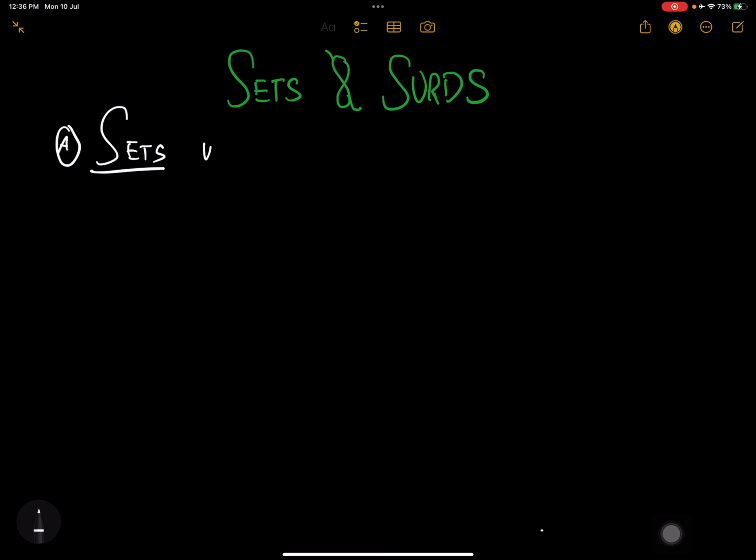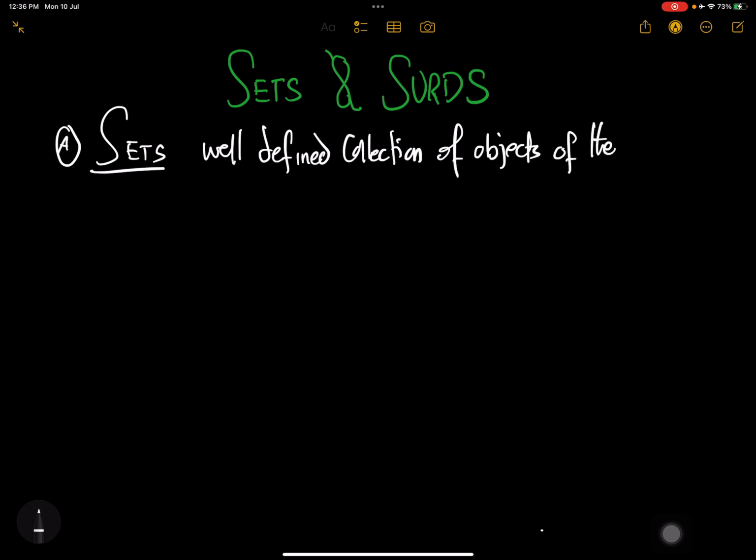A well-defined collection of objects, and they're of the same kind. So, for example, you can have the colors of the rainbow. They are the same kind.